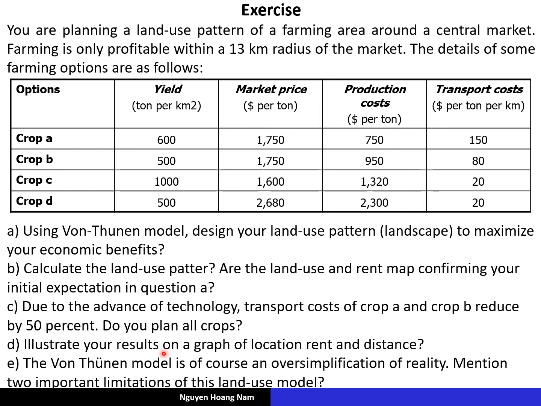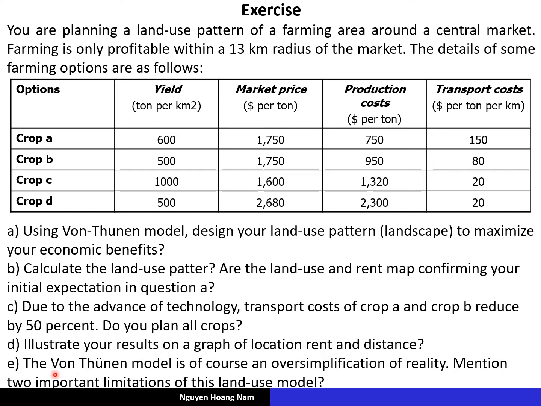So before doing any calculation, we better draw the graph to see what's really going on. And then we can judge if we can really switch from one crop to another, or we stay with the crop that we are having, or we even switch earlier than the intersection that we predicted.